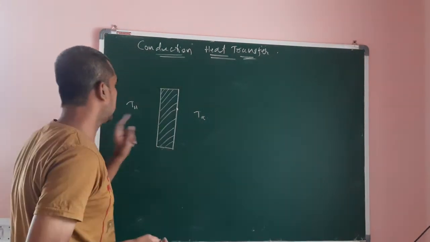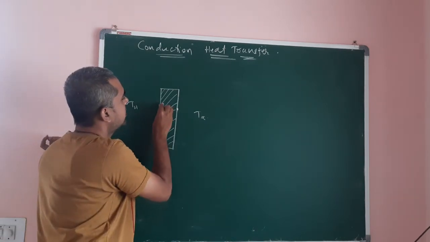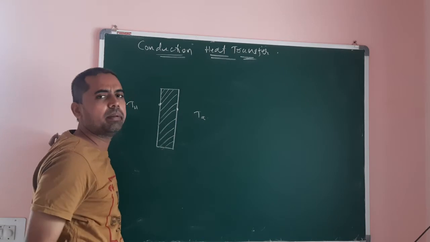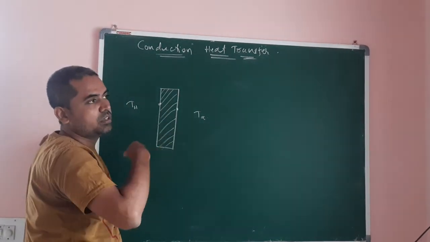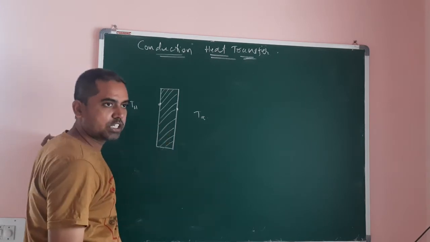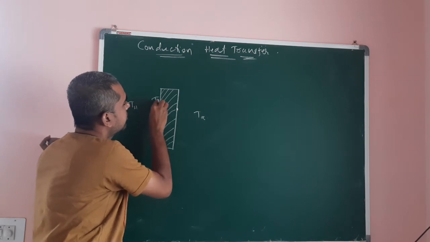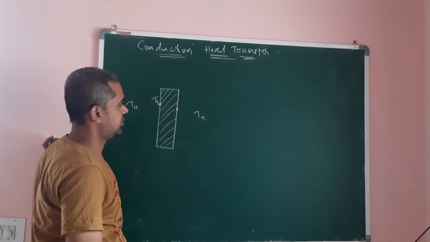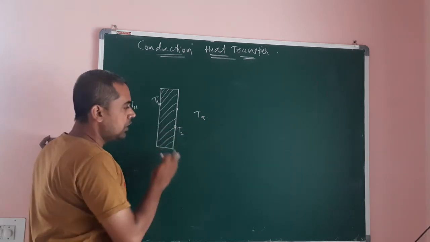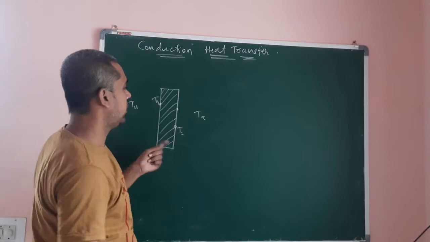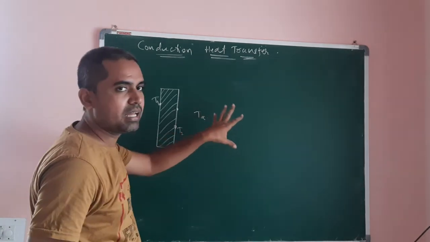If inside gas temperature is TH, the surface temperature will be less than TH, because heat transfer takes place and there will be some resistance to the heat transfer. Let the inside surface temperature be T1, and the surface temperature on the ambient side be T2, and TA be the ambient temperature.